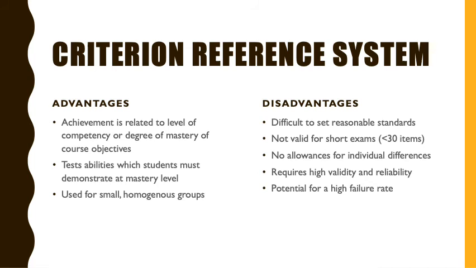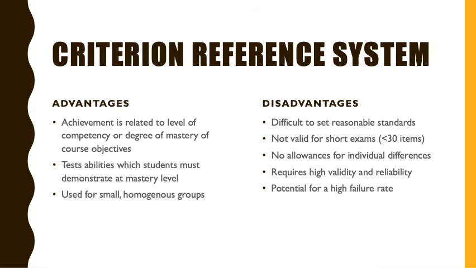Okay, overall, the criterion reference system is widely used in schools today. The advantages are that the achievement is related to the level of competency or degree of mastery of the course objectives and the test abilities which students must demonstrate at mastery level. And it's used for small and homogeneous groups.